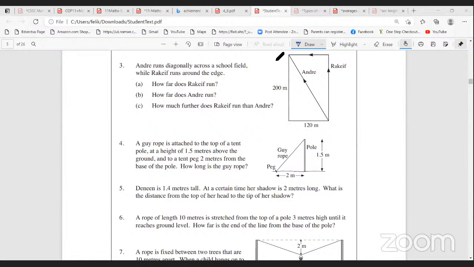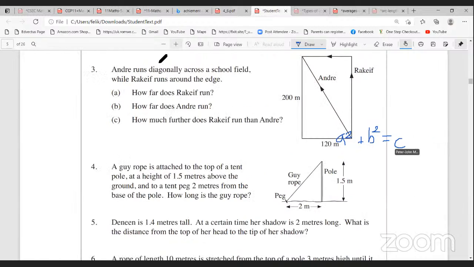Okay. So the formula is a squared plus b squared equals c squared, or it can be the other way around.